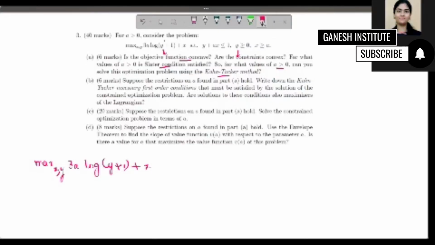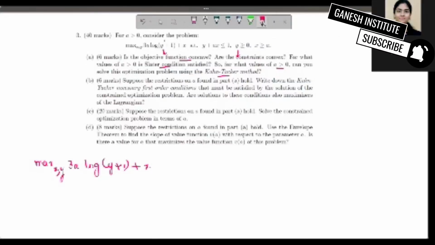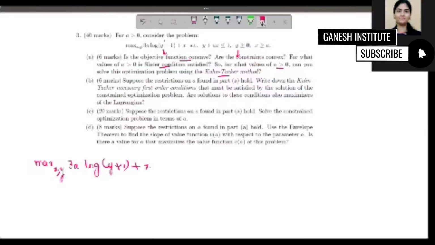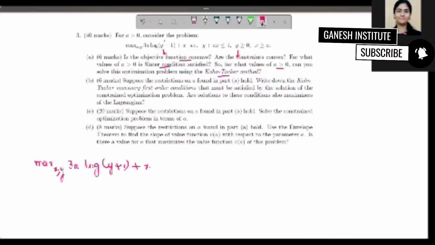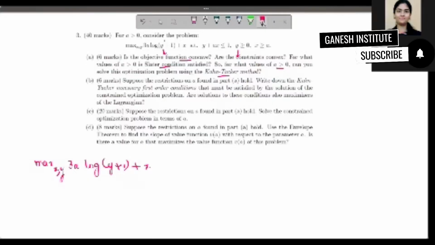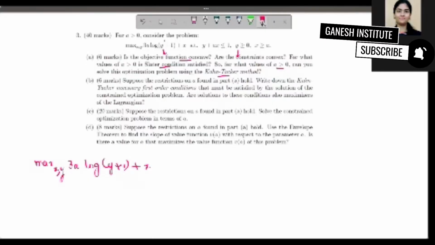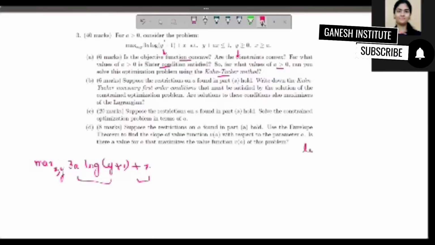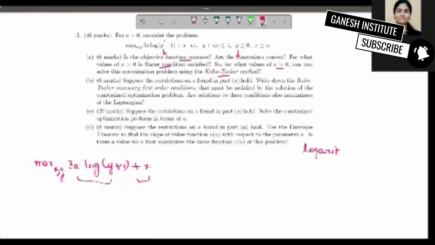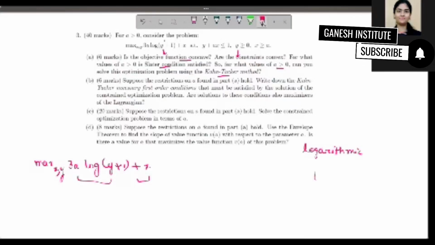Ma'am, so it's upward sloping, upward sloping logarithmic. Is it convex, ma'am? First of all, if you see, it has a logarithm, so let's distribute this into two functions. It is made up of one logarithmic function and another linear function.